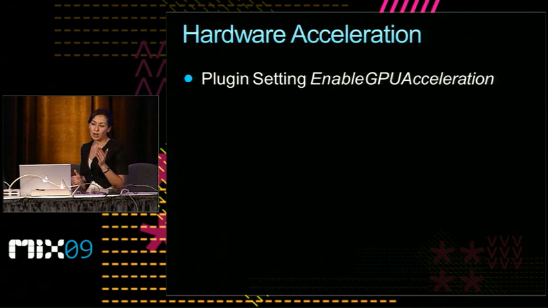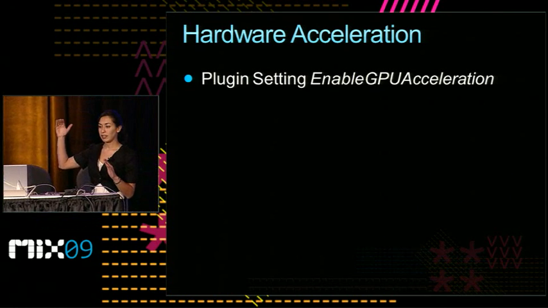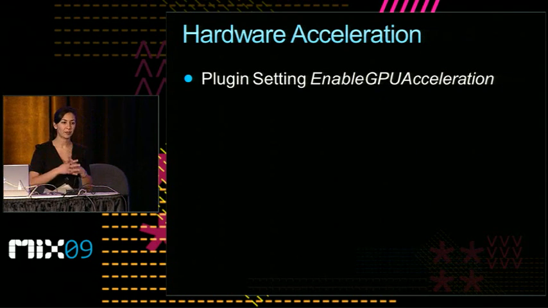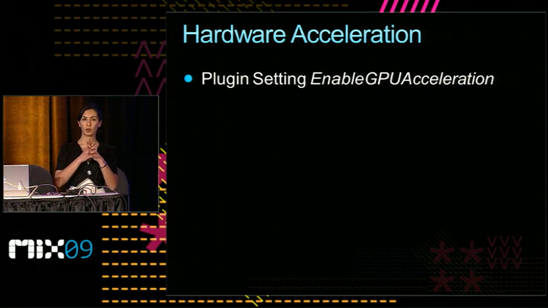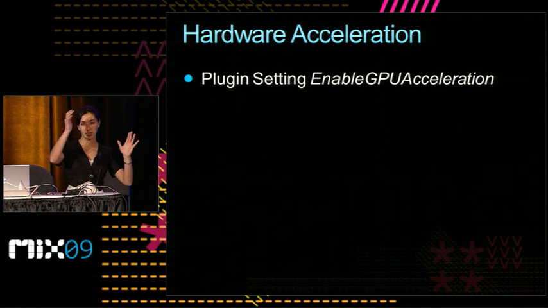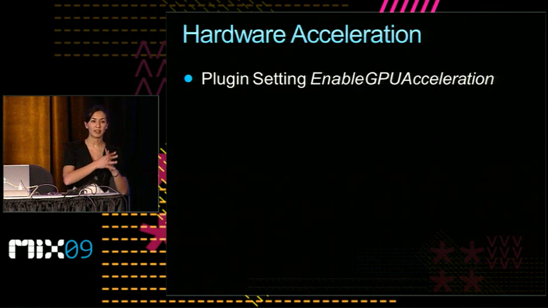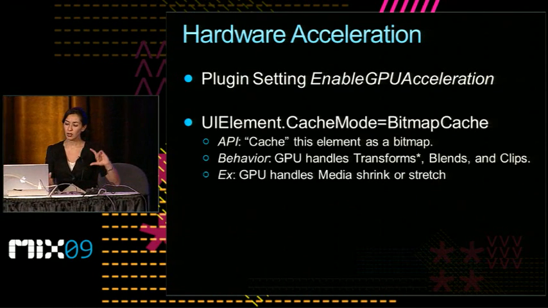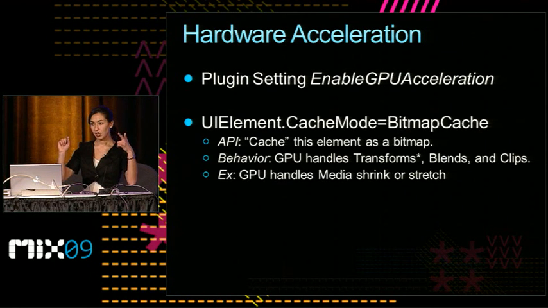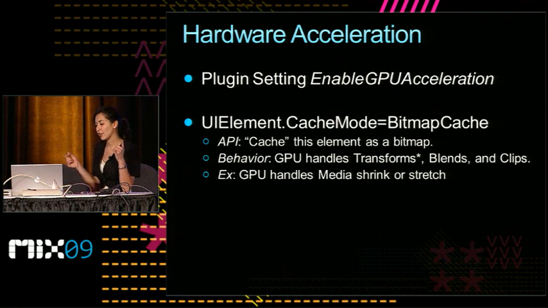So the way to get hardware acceleration is to start by setting it in the plugin before the plugin surface is created. The enable GPU acceleration property creates and allocates a buffer in the video memory the size of your plugin, basically something to do the final blit on. We then individually, by hand, can set any of our unique elements for caching.